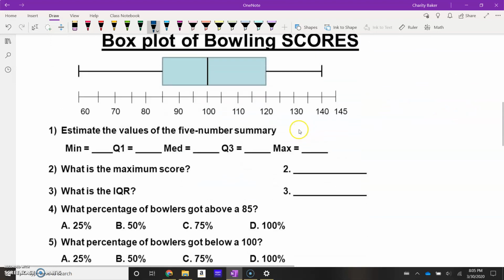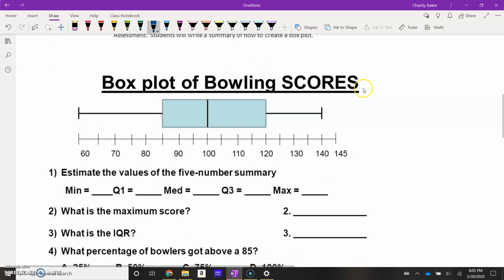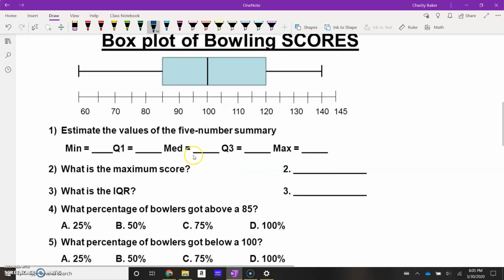So now check out this box plot here of bowling scores. And let's first go through and estimate the values of the 5-number summary, because we need to know those things, right? So let's pull the 5-number summary off of here. We'll start with the minimum, my bad. Our minimum here is going to be about 60.